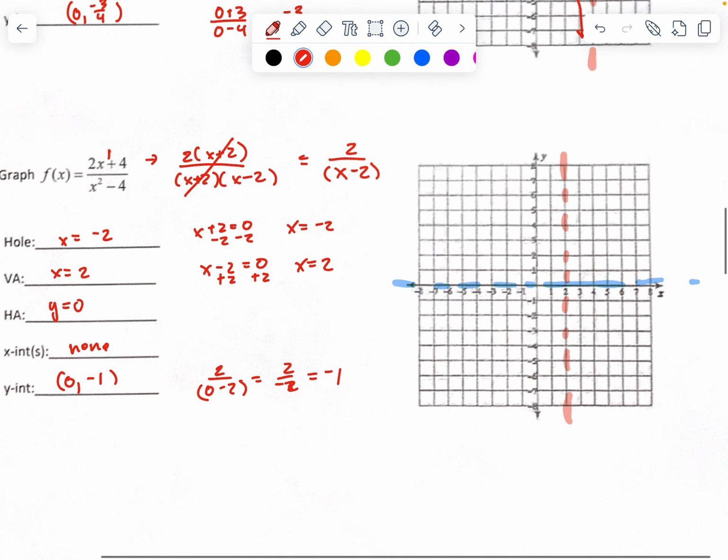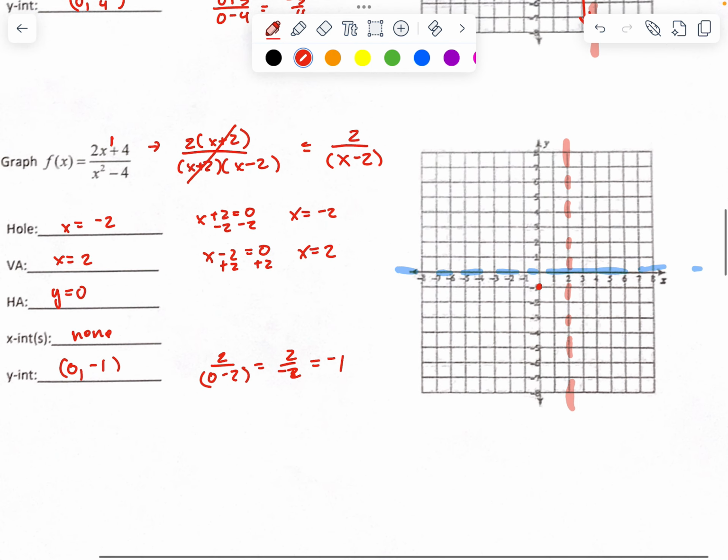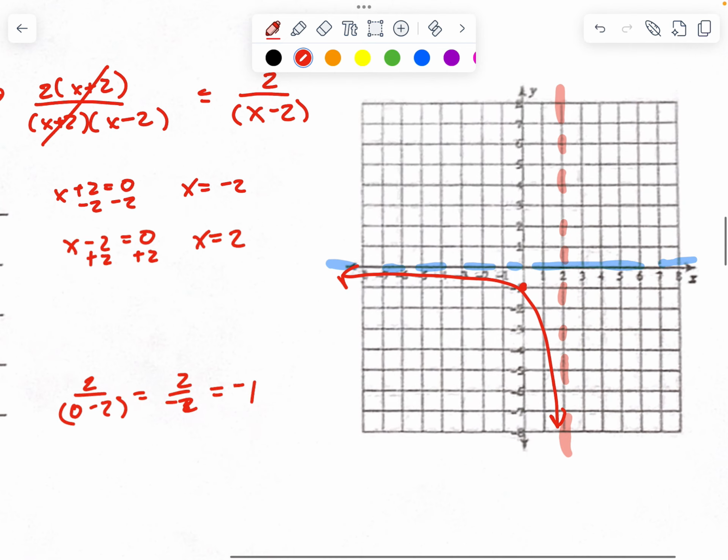We also have no x-intercept, but a y-intercept at 0, -1. We also have a hole at x is equal to -2. So when we actually graph this, it's going to be something like this. We're going to have a hole here. So put a big circle there. In my case, I'm going to have to erase a little bit to show the hole. And that's how you should demonstrate it.